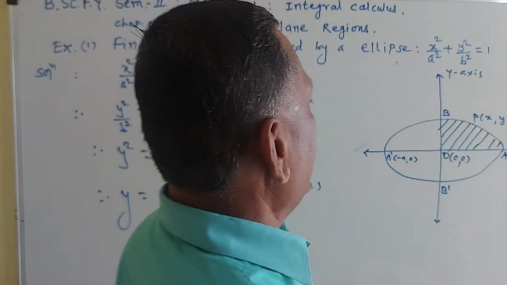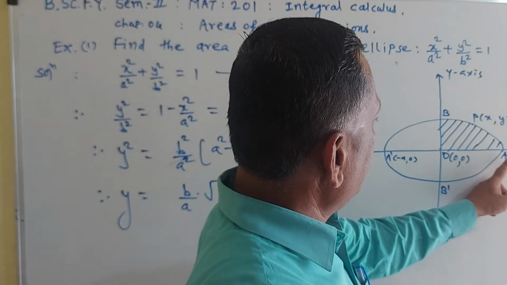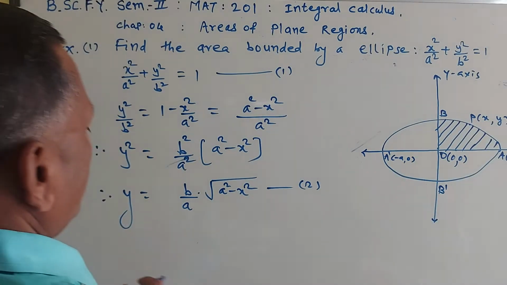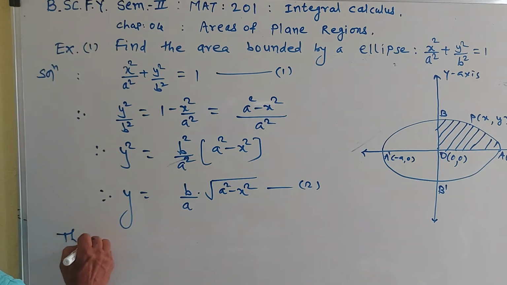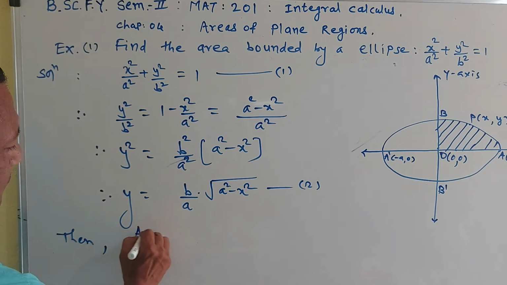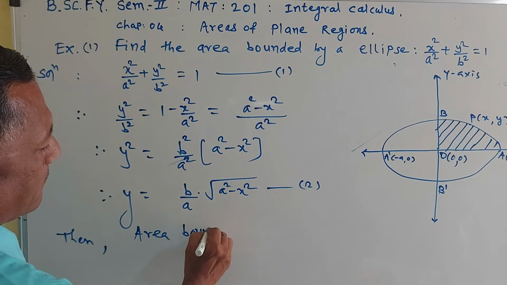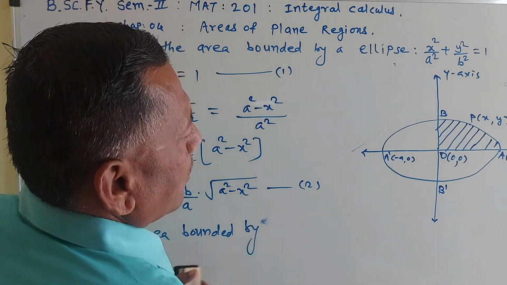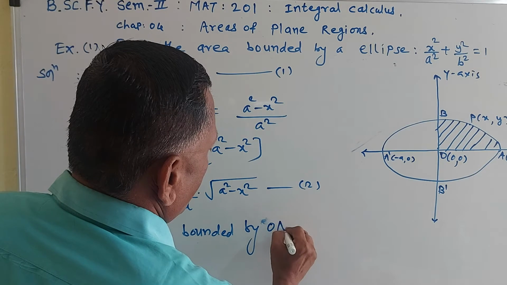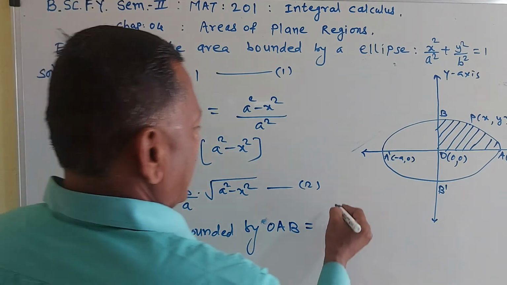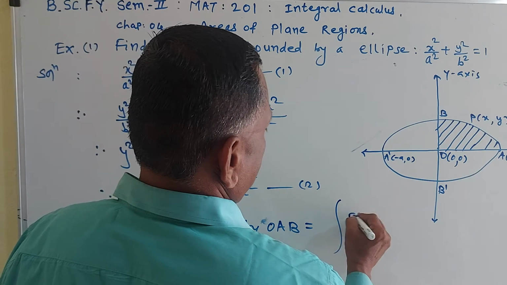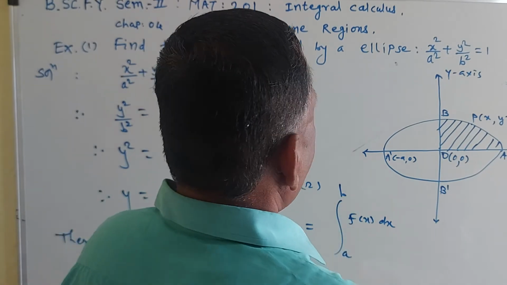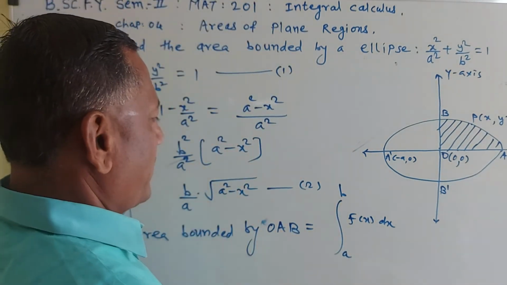So first you find the area bounded by the region OAB. The area bounded by the region OAB is equal to the integration of f of x dx, with integration going from a to b. f of x means here y. y is equal to f of x.